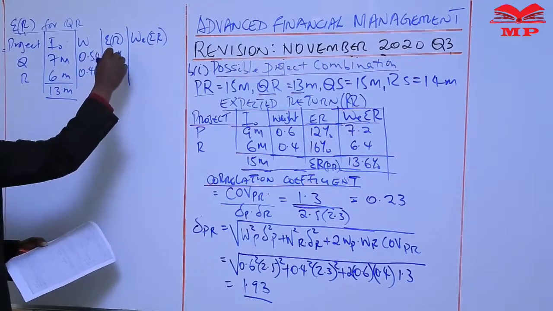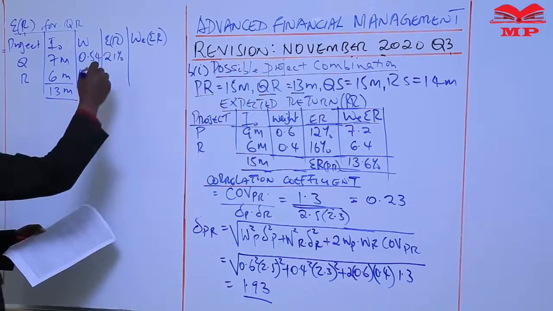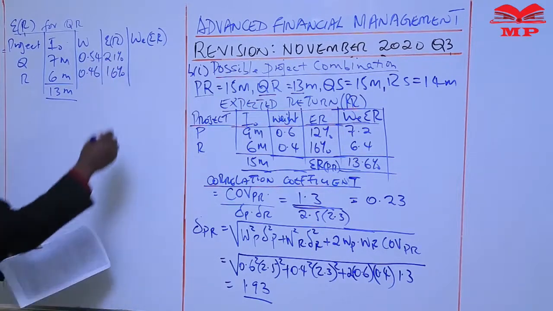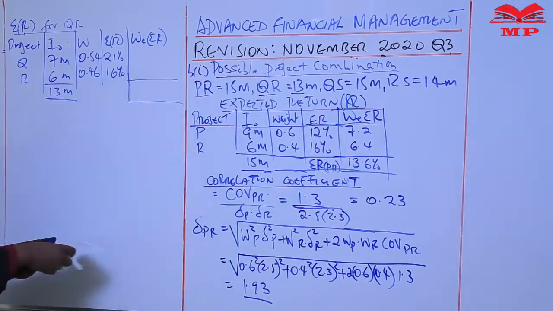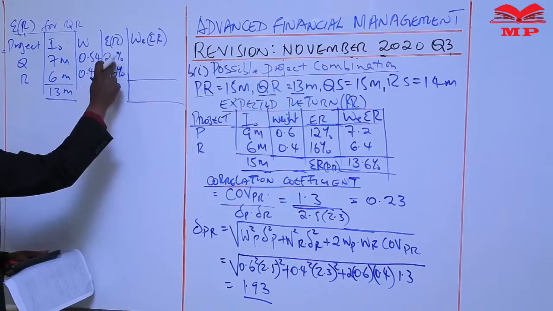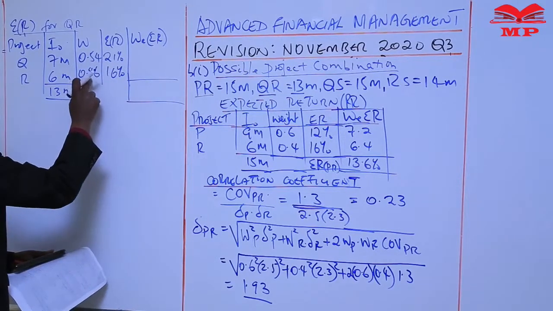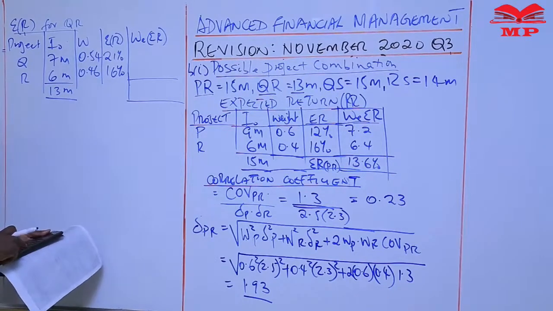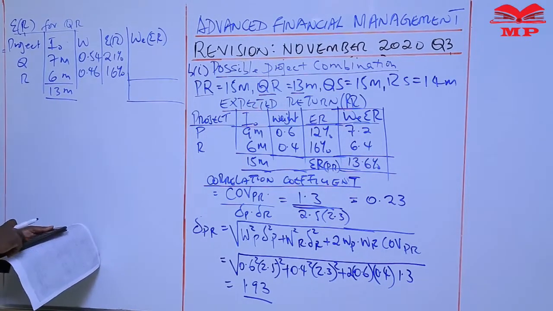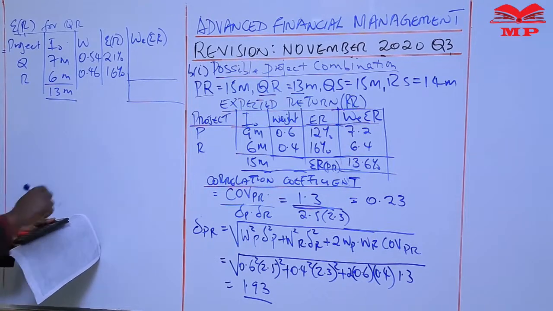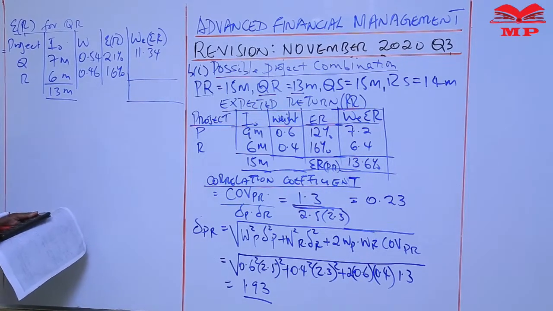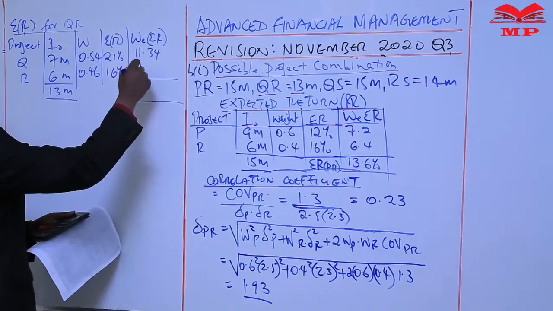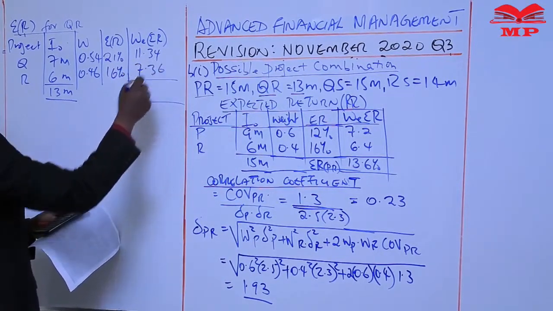Expected return, from the question we have project Q, 21%, project R, 16%. Therefore, the expected return for this portfolio is going to be 0.54 times 21 plus 0.46 times 16%. 0.54 times 21 is 11.34, 0.46 times 16 is 7.36.